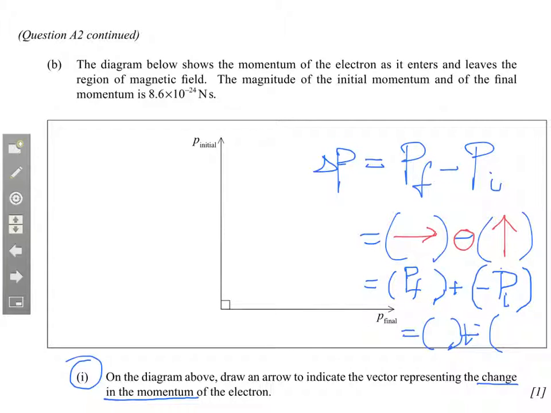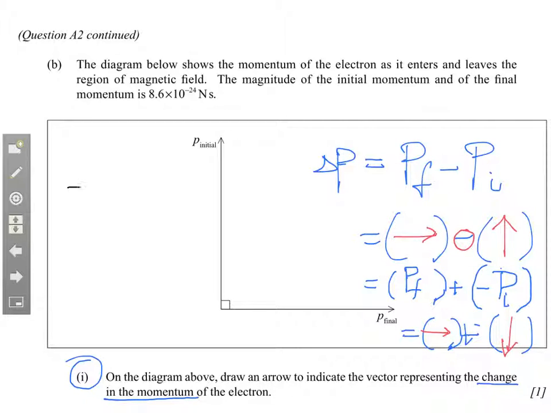But what are these two vectors' directions going to be? So the P final is again in the rightward direction. Negative P initial, instead of going up, is now going down. So if we draw it on this side, this is what we can see.